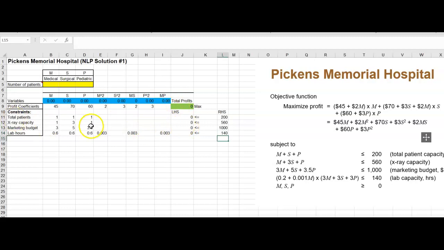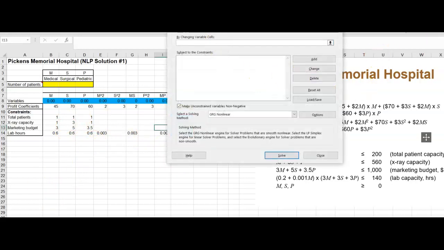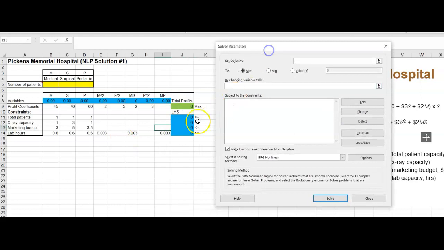So now we've added all of our constraints in here. The left-hand side values contain formulas, so I'll put them in blue, and we have filled out everything, which leads us to the solver window. So let's go to our solver window and add our inputs here.